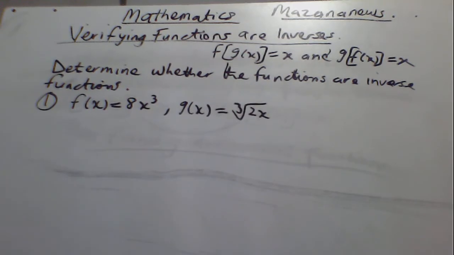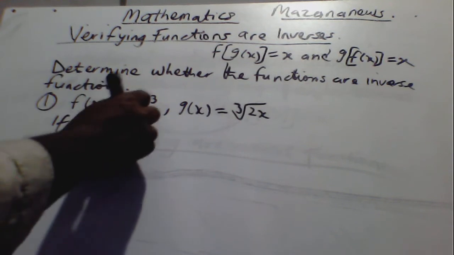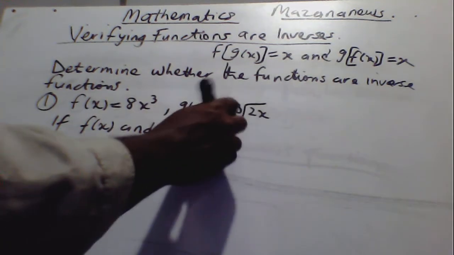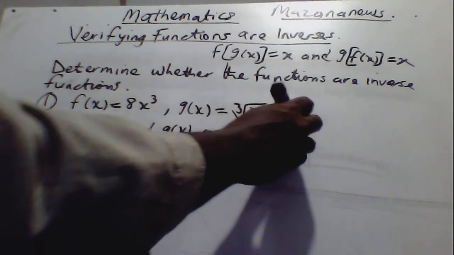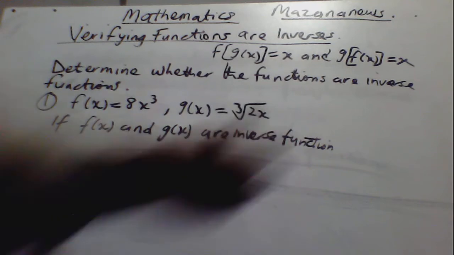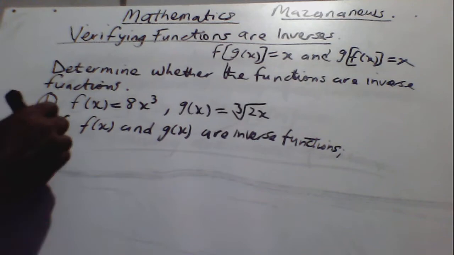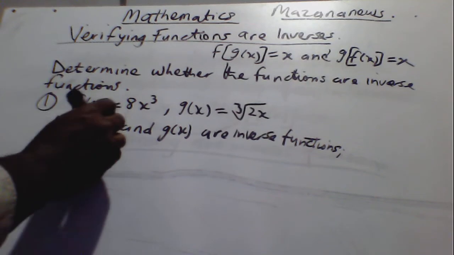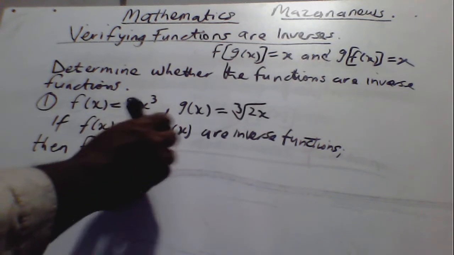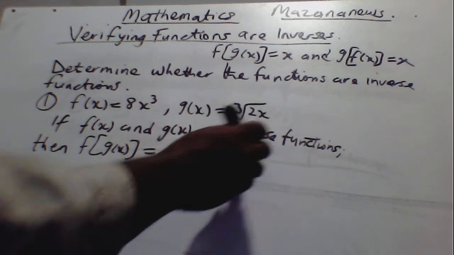So once you are given this, if f of x and g of x are inverse functions, they have to satisfy the condition. If f of x and g of x are inverse functions, then f of g of x and g of f of x will be equal to x.